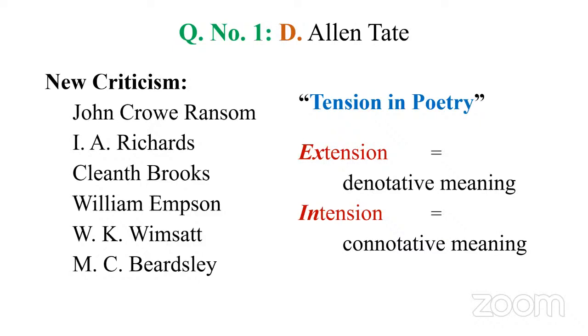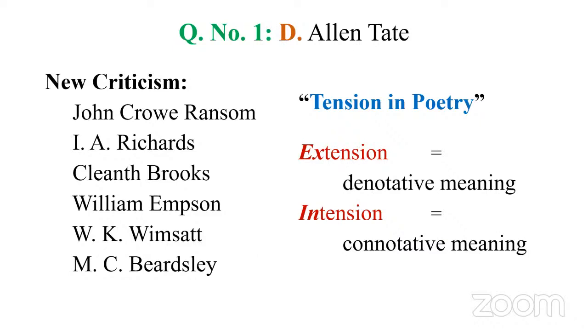And Alan Tate is known for this essay, often prescribed if you come across New Criticism: Tension in Poetry. What do you mean by tension here? This word is derived from two words, extension, which means literal or denotative meaning, and intension, which means figurative or connotative meaning.